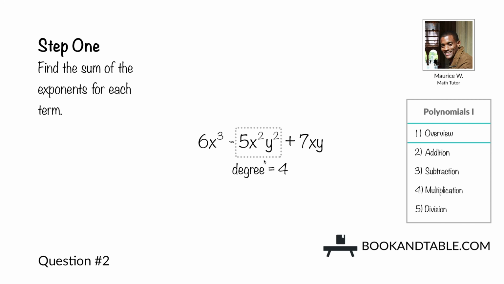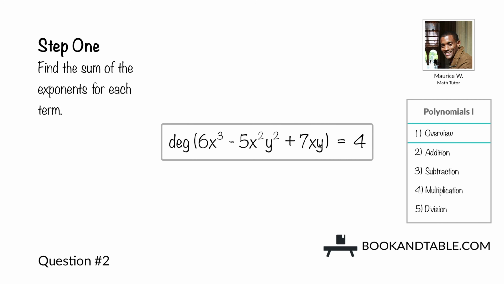The sum of the exponents for the variables is 2 plus 2, which is equal to 4. So the degree of this term is equal to 4. And then the third term, we have 6x to the third. The variable has an exponent equal to 3. So the degree of this term is equal to 3. So we have a degree of 3, a degree of 4, and a degree of 2. So the degree of the entire polynomial is equal to 4.